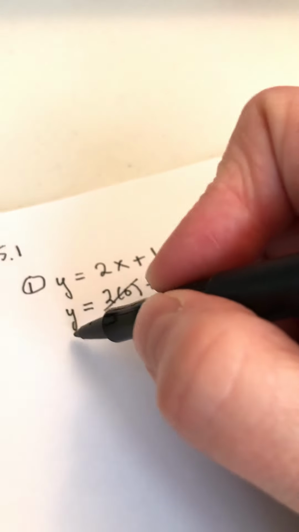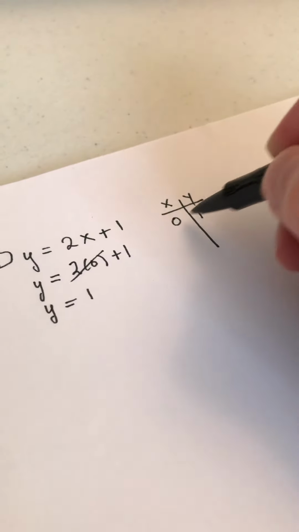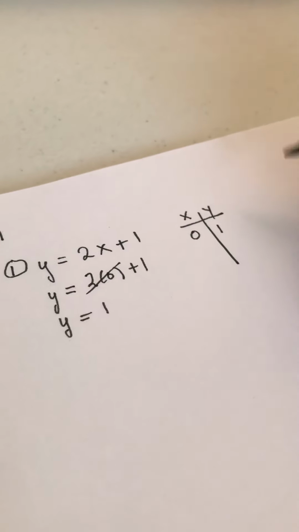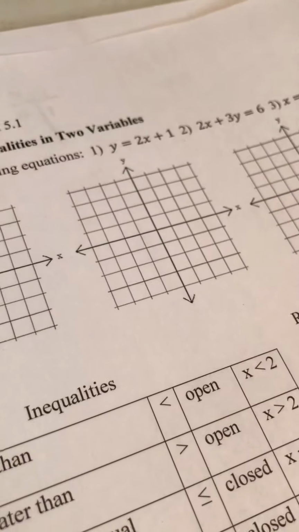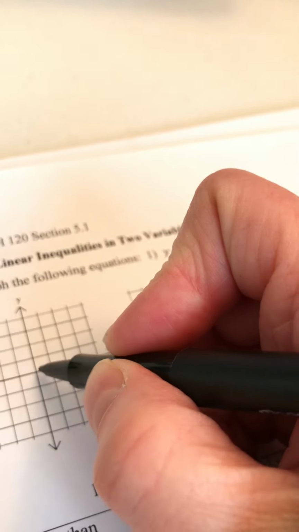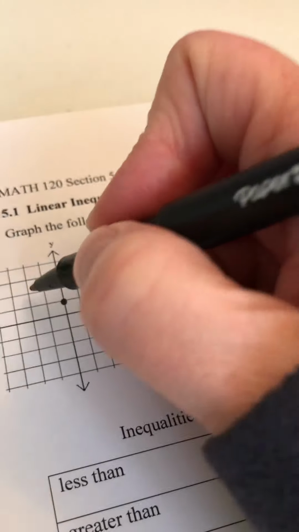So then what do I get here? Y is equal to 1. So I have one ordered pair, and if I go to my graph over here, remember 0, 1. So 0, 1 is right here, 0 in the x direction, 1 in the y direction. There is the ordered pair 0, 1.